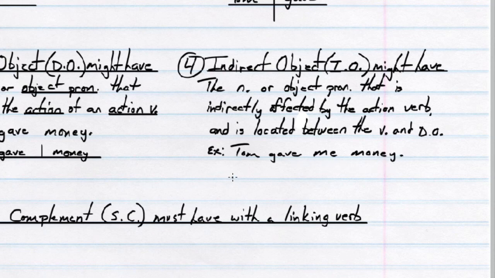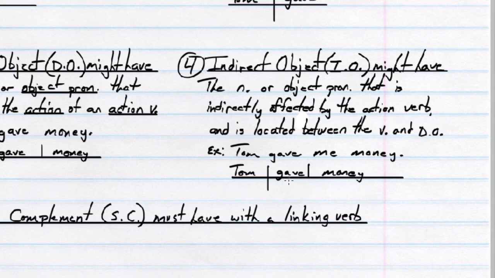Okay, and we're going to draw it like this. This is where the order starts to pop out a little bit when we draw it. Everything on the drawing is the same, except when we get to the end. Tom gave money goes in the same place.